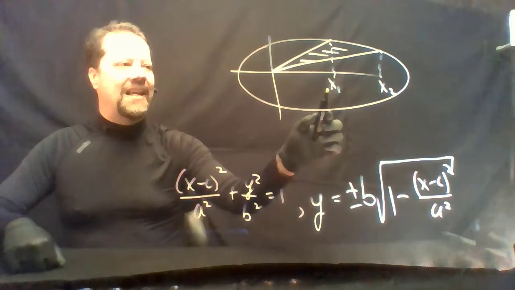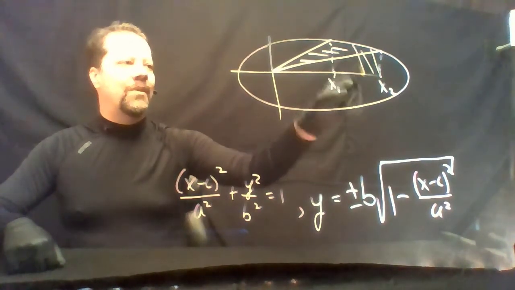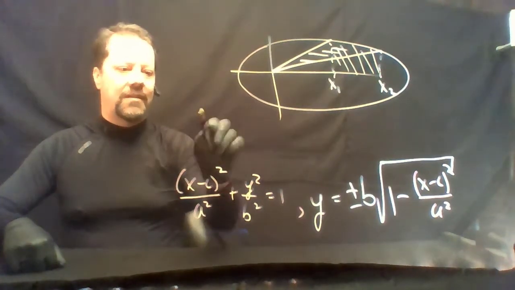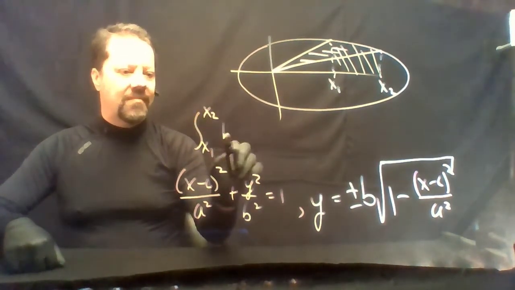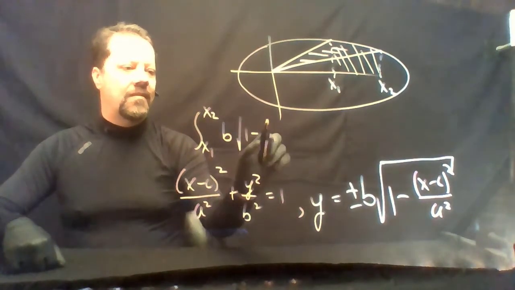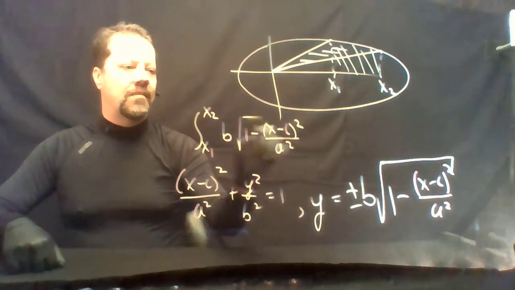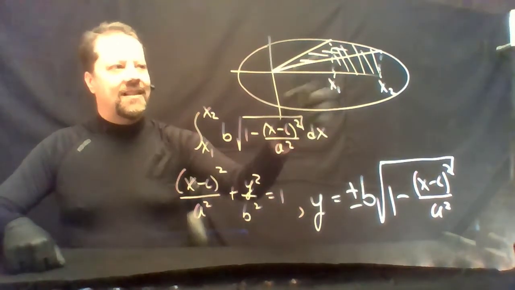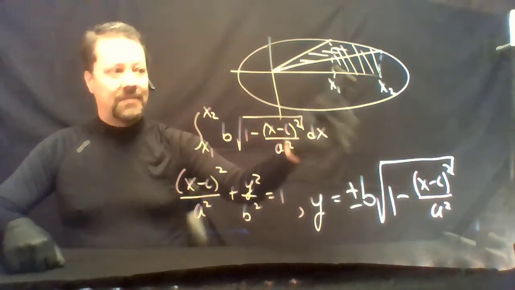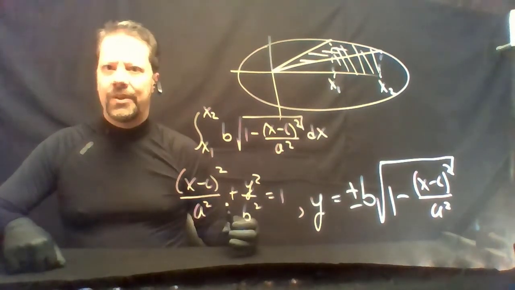If we simply integrate from x1 to x2, it won't give us exactly what we're looking for. It doesn't give us this triangle, and it gives us this weird trapezoid, which is too much.